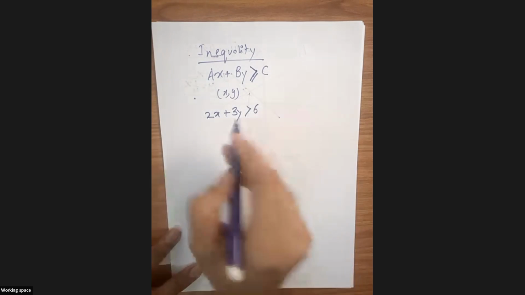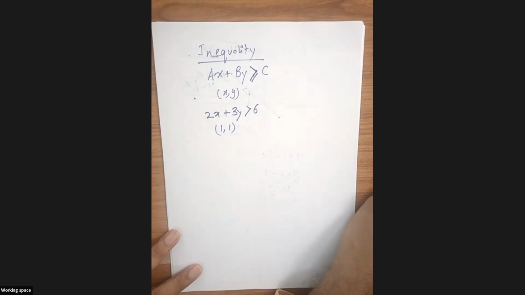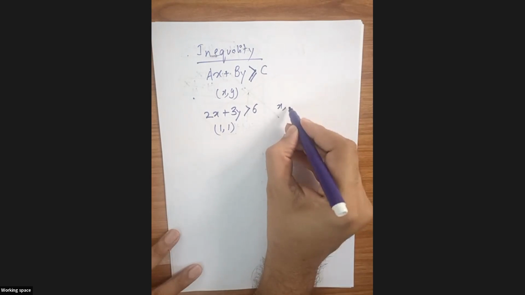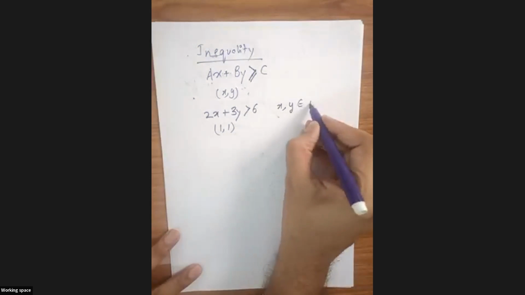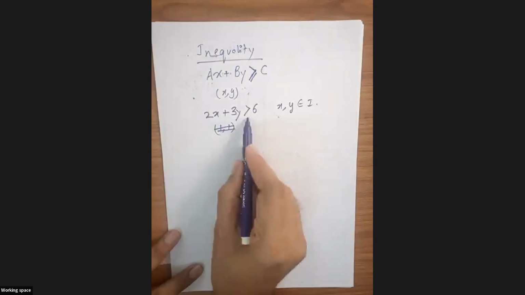If this is the case, I know 1, 1 is an ordered pair, and if I tell you x, y belong to integers, 1, 1 will not satisfy this, because 1, 1 would make it 5 and 5 is not greater than 6.